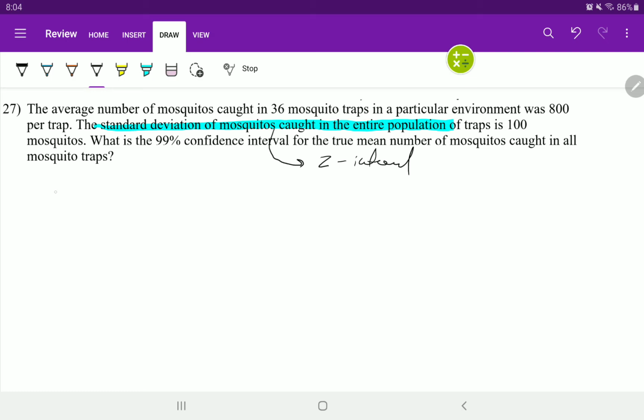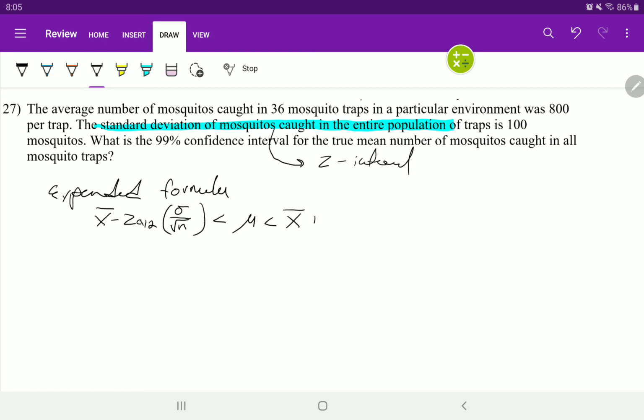So this time, I'm going to give you the expanded formula, the one that you probably saw in the formula sheet. Mu is between two values. Your sample mean minus your Z critical value times the standard error of your mean, which is going to be your population standard deviation divided by the square root of the sample size. And you're going to do the same thing on the other side, except you're going to be adding your margin of error.